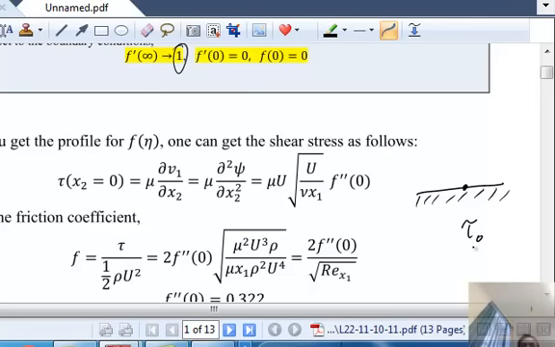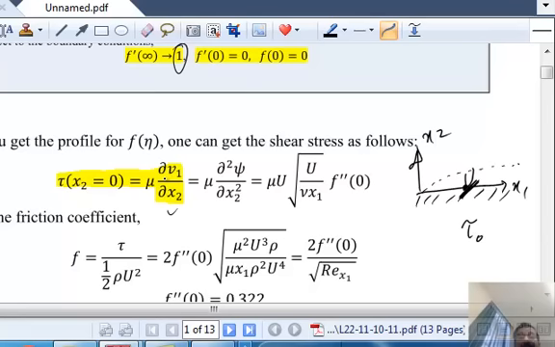Okay, and by definition, that shear stress expression is given by mu times dv1/dx2, the velocity gradient of v1 in the x2 direction. So this is x1 and that is x2, and that is your boundary layer. Okay, and the velocity field is like this, and we need the slope of the velocity field at the plate.